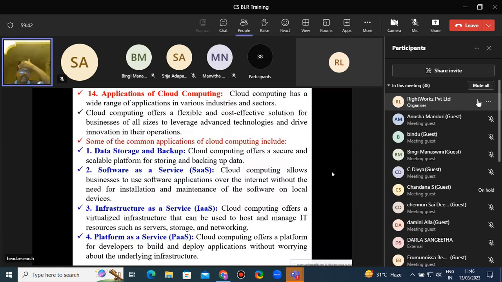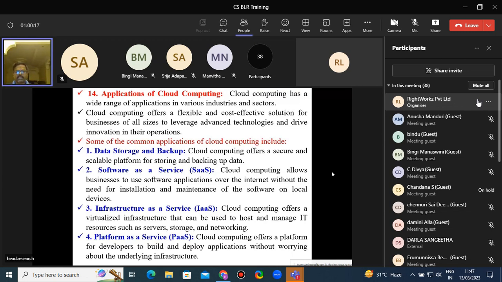Software as a service: cloud computing allows businesses to use software applications over the internet without the need for installation and maintenance of the software on local devices. Infrastructure as a service: cloud computing offers a virtualized infrastructure that can be used to host and manage IT resources such as servers, storage, and networking.